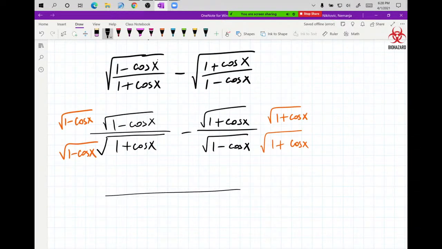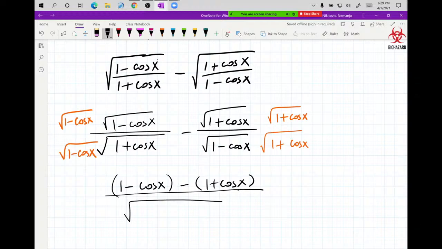So on top, we are getting 1 minus cosine x, everything squared and square root, so they cancel, minus the same thing here, 1 plus cosine x on that side. And on the bottom, we have the square root of 1 minus cosine x times 1 plus cosine x.